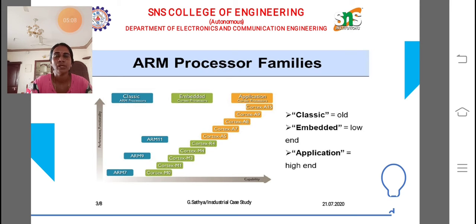We are using this ARM Cortex-M series. The ARM Cortex-M series is a family of 32-bit RISC ARM processor cores licensed by ARM Holdings. These are optimized for low-power and energy-efficient microcontrollers, which have been embedded in tens of billions of consumer devices.